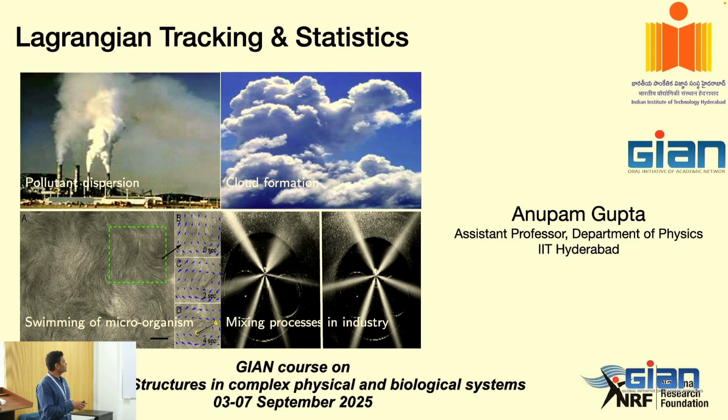Now the dynamics of these aerosols are going to be very different from what you will have from the Eulerian field. I will come to that, but if you want to understand pollutant dispersion or cloud formation or any of these, you have to consider a Lagrangian approach, if you want to understand it in a better way.